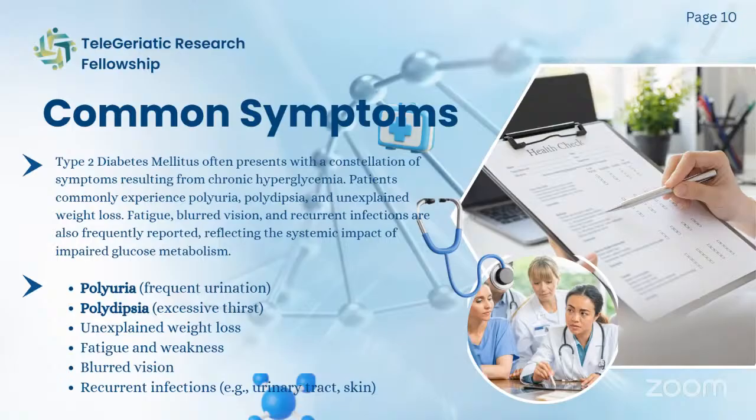So polyuria is frequent urination, and polydipsia is excessive thirst, along with unexplained weight loss, fatigue and weakness, blurred vision, and recurrent infection, for example urinary tract infection and skin infection.